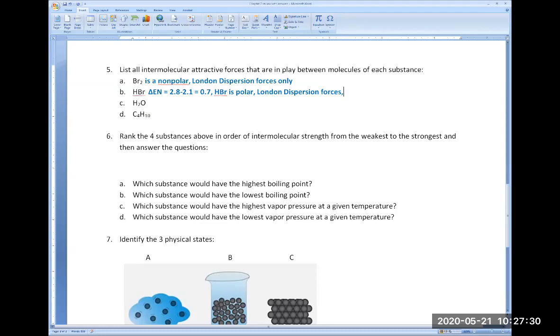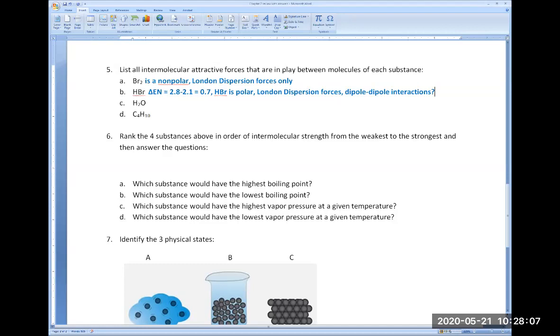Now the question is, do we have dipole-dipole interactions? So yes or no? Yes, because we have dipoles, right? As long as we have a polar bond that is not cancelled, this is called a dipole.